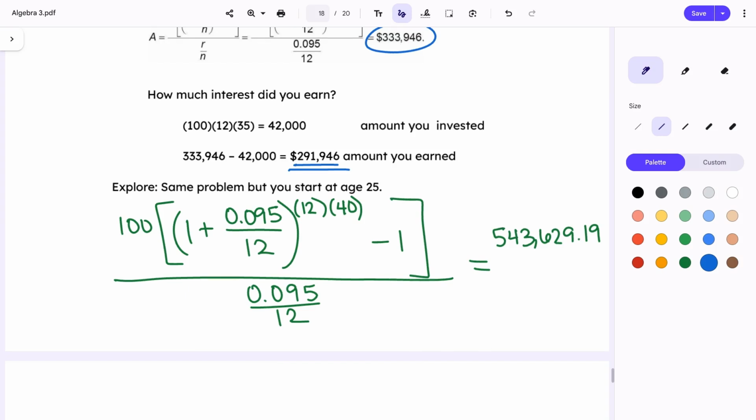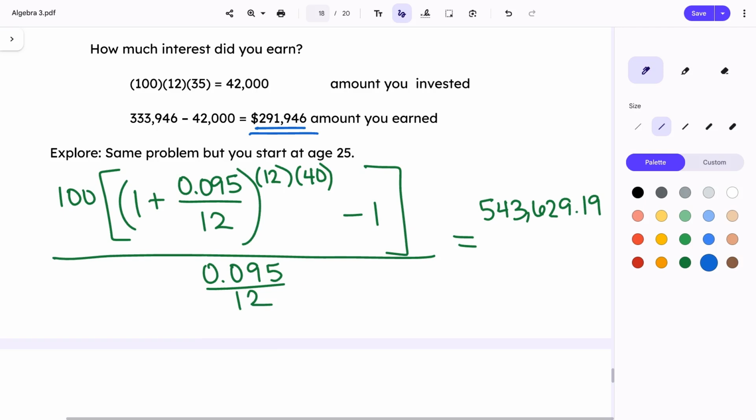So we started this at age 25 instead. To find just what I had to put in, I did $100 every month, still 12 months a year, but this time for 40 years. So how much money did I put in of my own? 48,000.